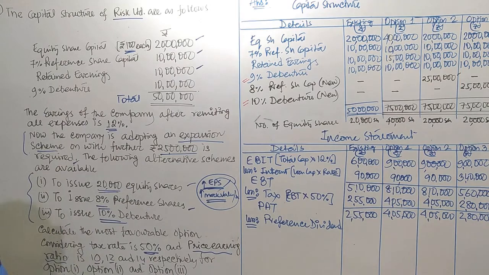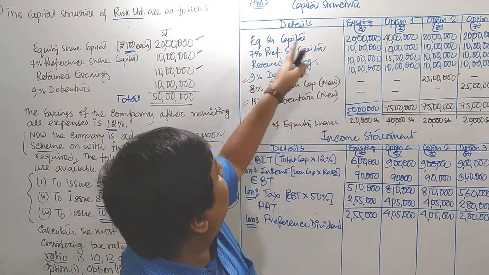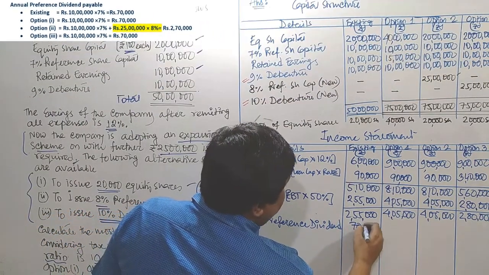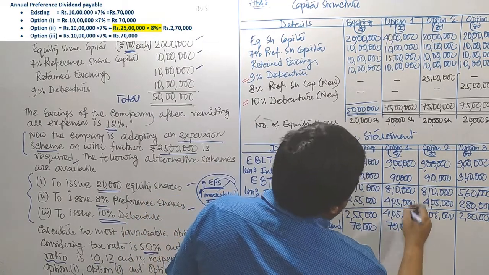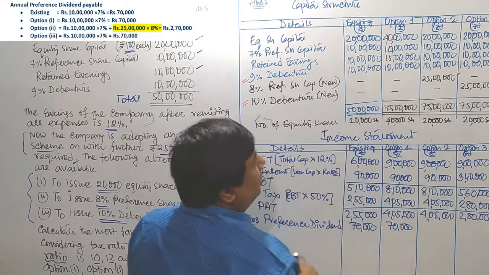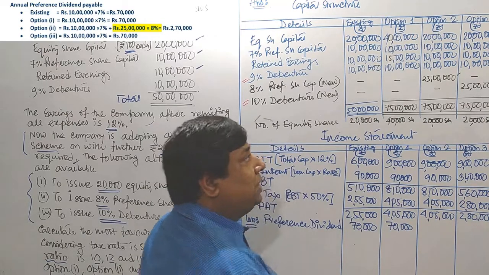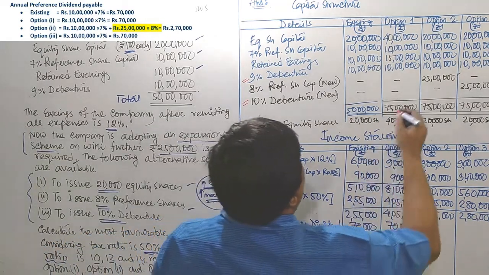Now preference dividend for the existing option is 10 lakh into 7%, that is 70,000. Option 2, again it is 70,000 because it is equity financing. But option 1, it is 70,000. Option 2, remember, it is preference financing, because in option 2 you have two categories of preference capital.